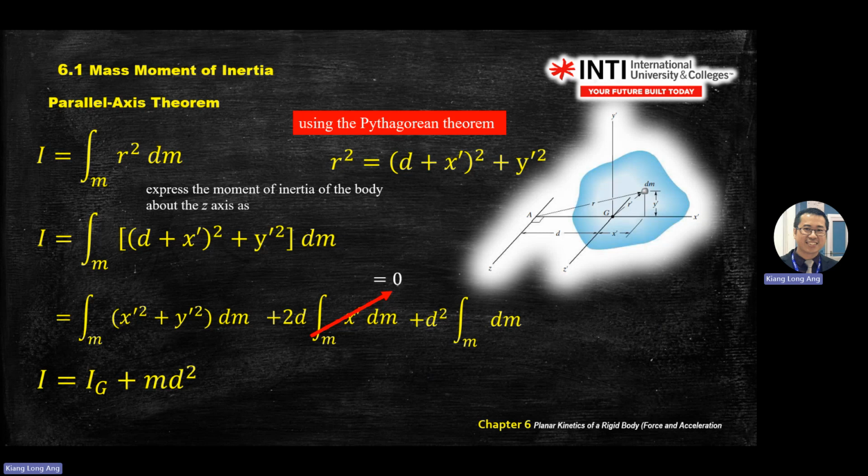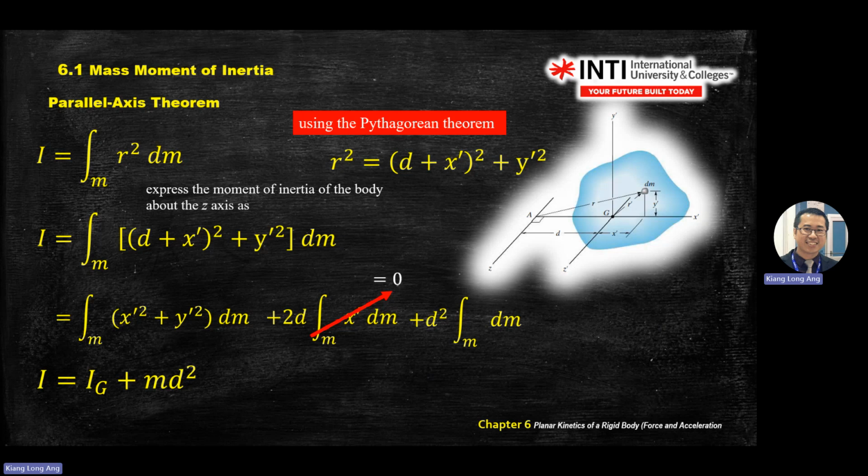Let's say I have a body and I want to calculate the moment of inertia at G. I don't have this component; Ig equals I, because there's no D there. There's no reference here. Your point A is at G now.